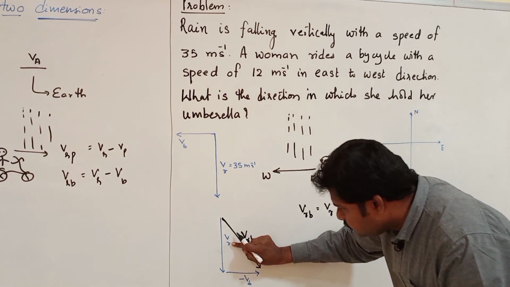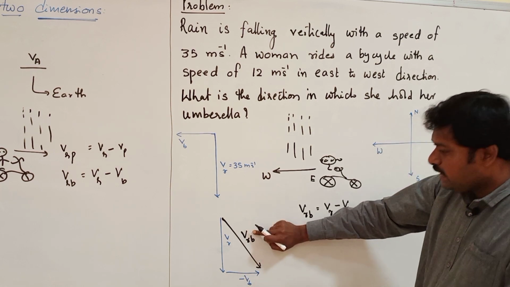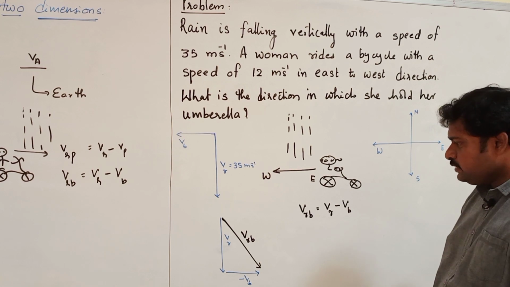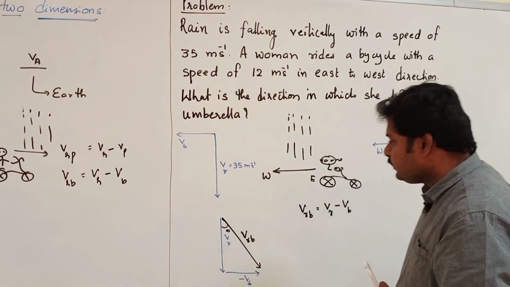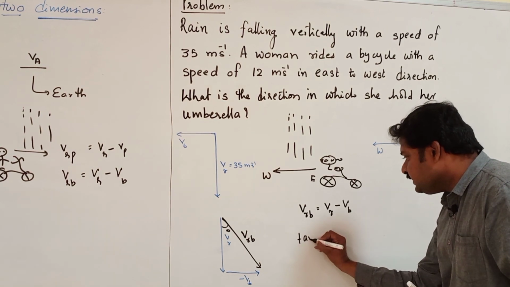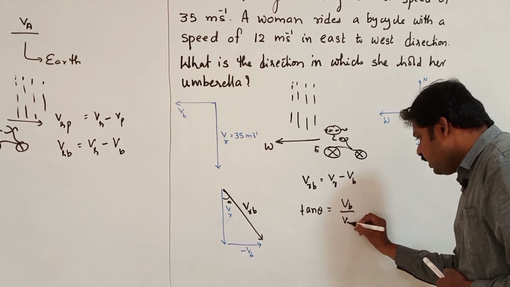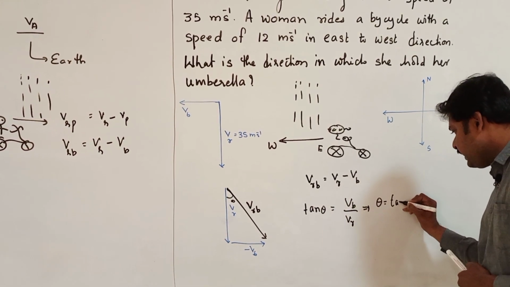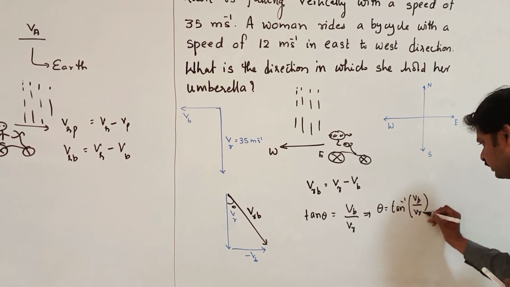Now we take minus VB in the forward order, with the resultant vector VR in the reverse order, right? Now this is the angle. Tan theta is equal to VB by VR. Theta is equal to tan inverse of VB by VR.